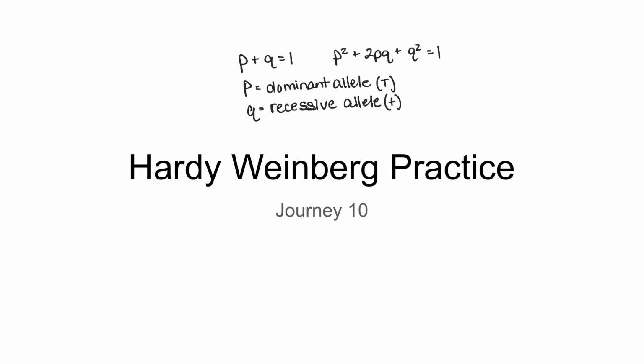Now, if they're asking you for the frequency of a genotype, then if they're asking you for the homozygous dominant, they're asking you for p², that would be like big T, big T. Or the homozygous recessive would be q², and that would be like little t, little t.